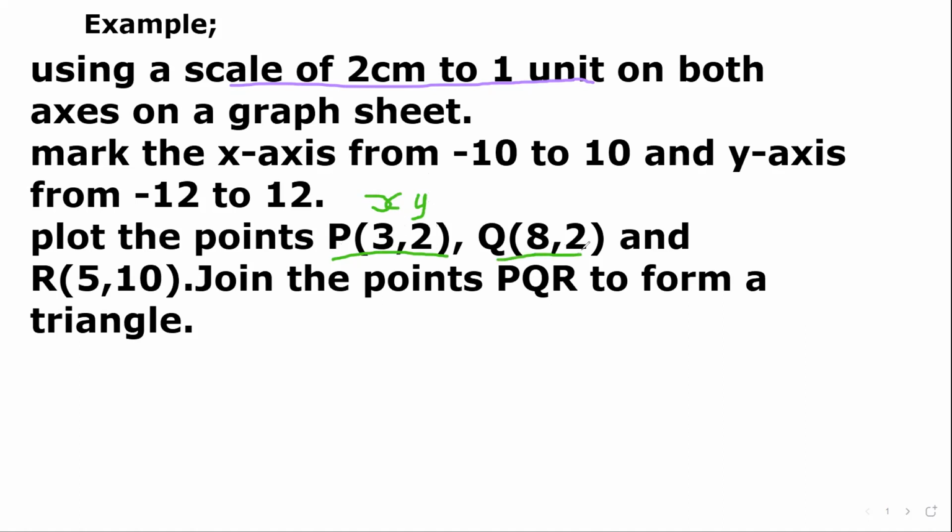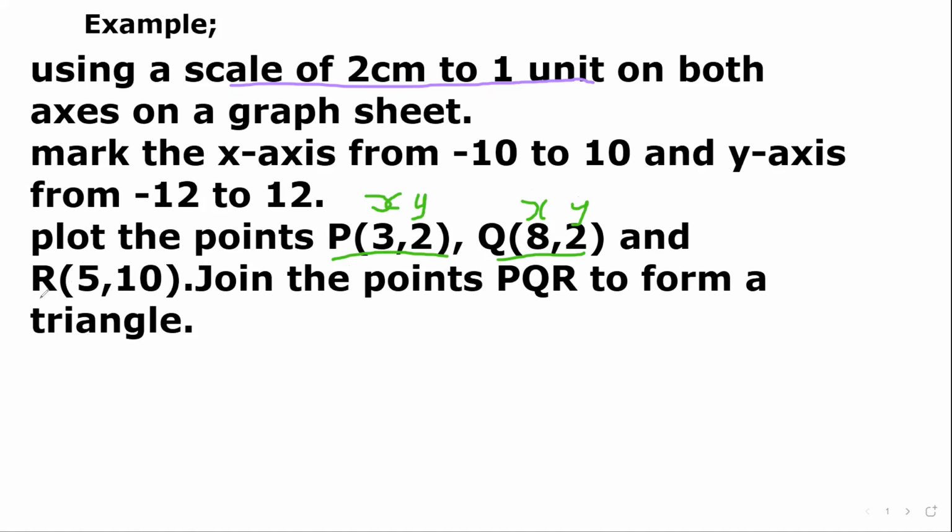When you come to the point Q here, we still have the x and y. Always the first number belongs to the x, and the second number belongs to the y. So all the x coordinates can be found on the x-axis, and the y coordinates can also be found on the y-axis.